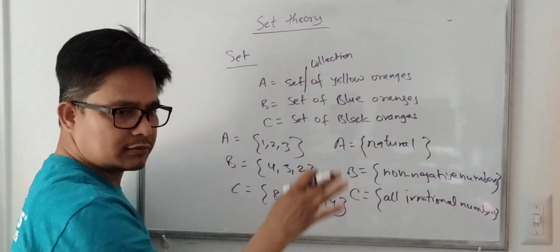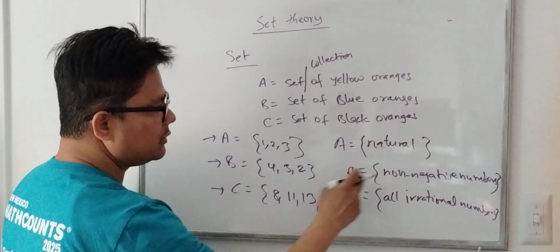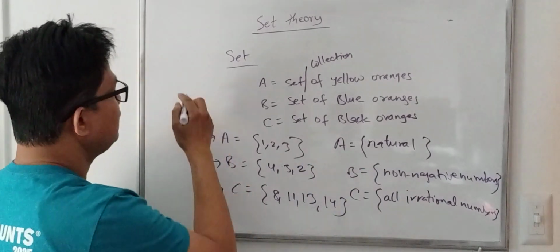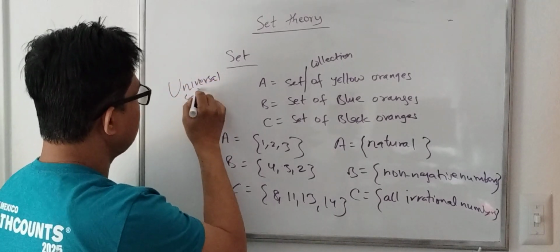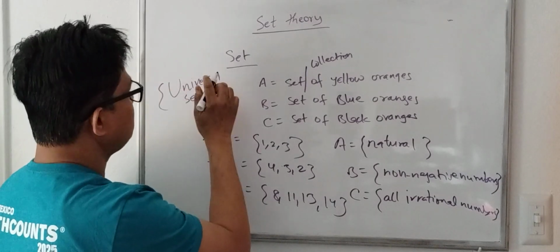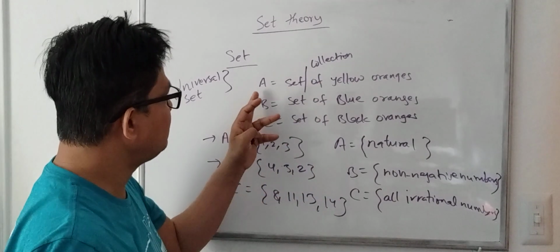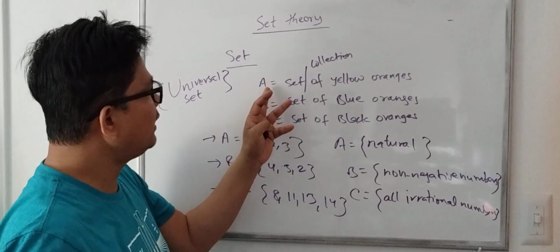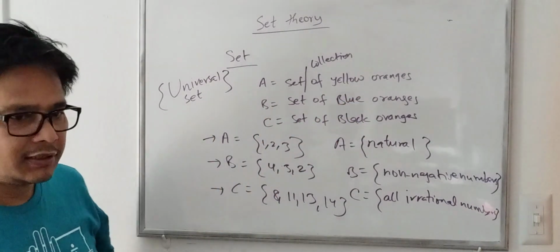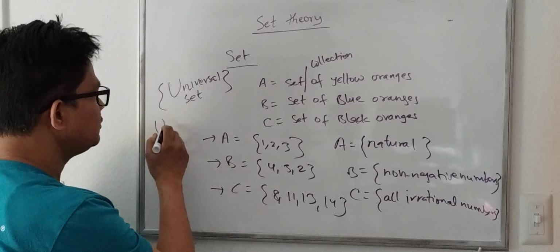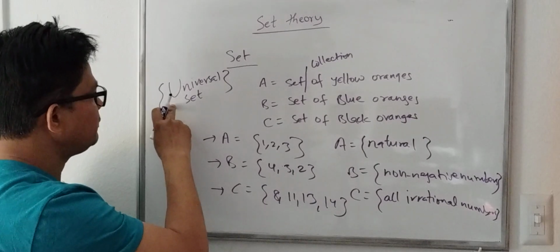Now these are different types of sets, like natural numbers, non-negative numbers, or all irrational numbers. There is a thing called the universal set. A universal set is like a set of everything. Let's take an example. We define A as a set of yellow oranges, B as a set of blue oranges, and C as a set of black oranges. Then we can say, let's use the letter U to represent a universal set.